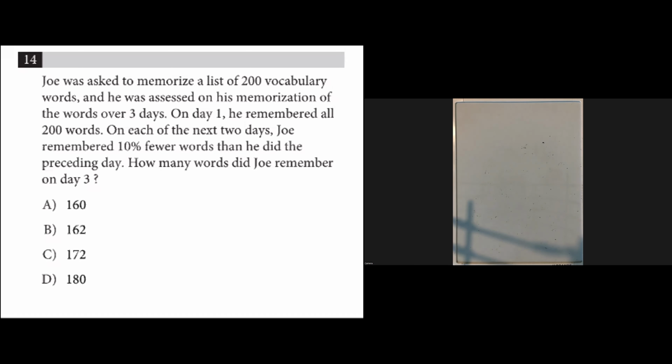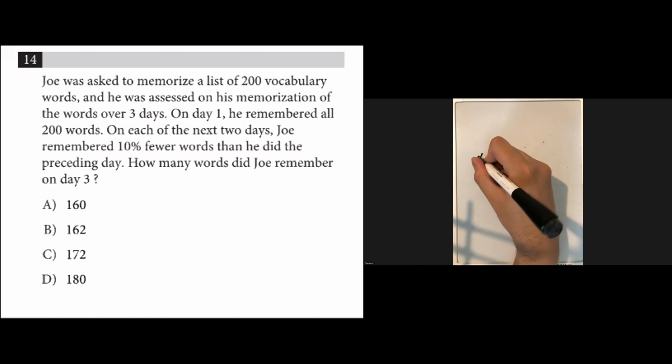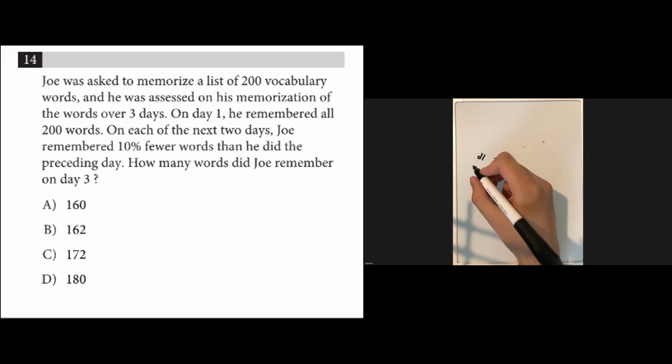All right, so for this one, we're given that on day one, he remembered 200 words. And then on each of the next 2 days, he remembered 10% fewer words than he did the preceding day. So basically, instead of 10% fewer words, he remembered 90% of the words, which is the same thing.